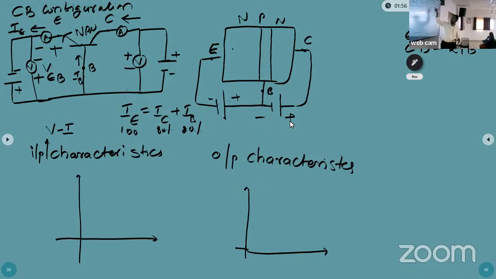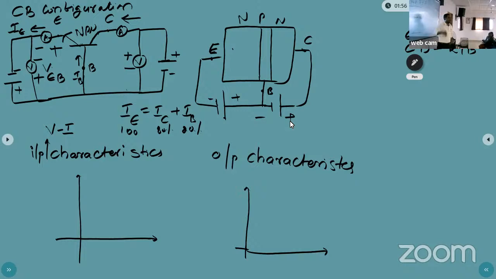How are we getting the current in the collector region? Because of the 80% of electrons. So this parameter is not changing the input characteristics. If the emitter has 100% of electrons, 80% of them reach the collector region. So that is not affecting the input characteristics.